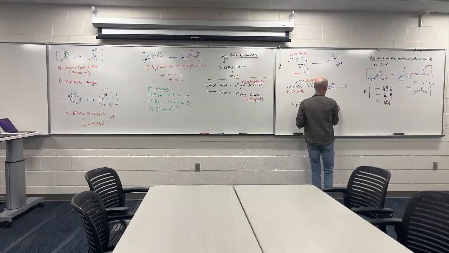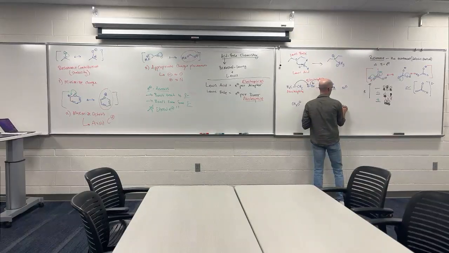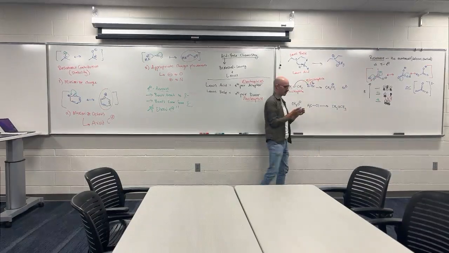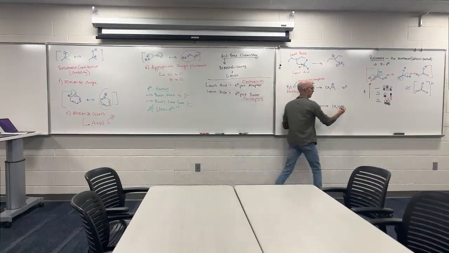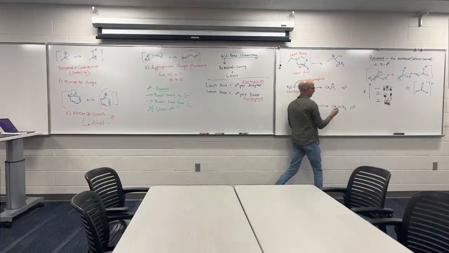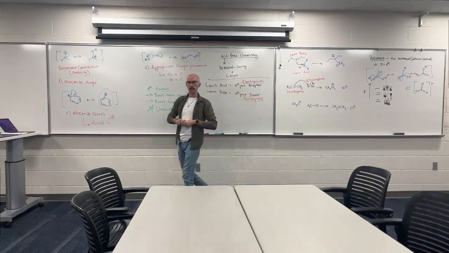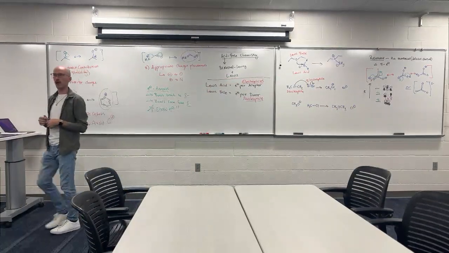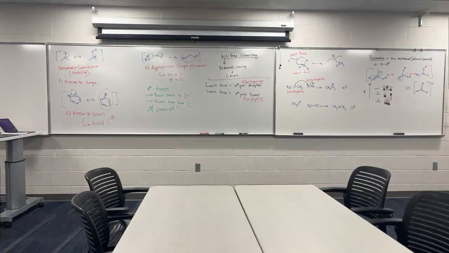I'm just going to tell you that the product is CH3OCH3 and Cl minus. Can you draw in the electron arrows to show the formation of this product? And can you label the Lewis acid and the Lewis base?